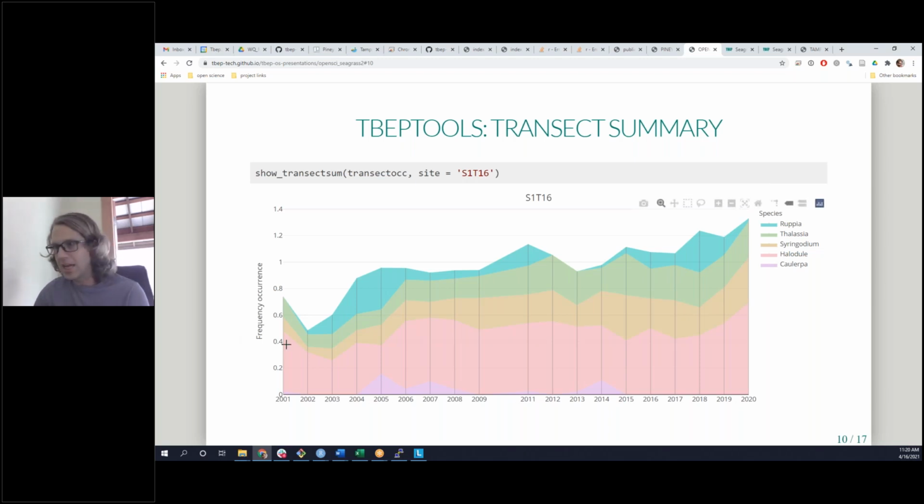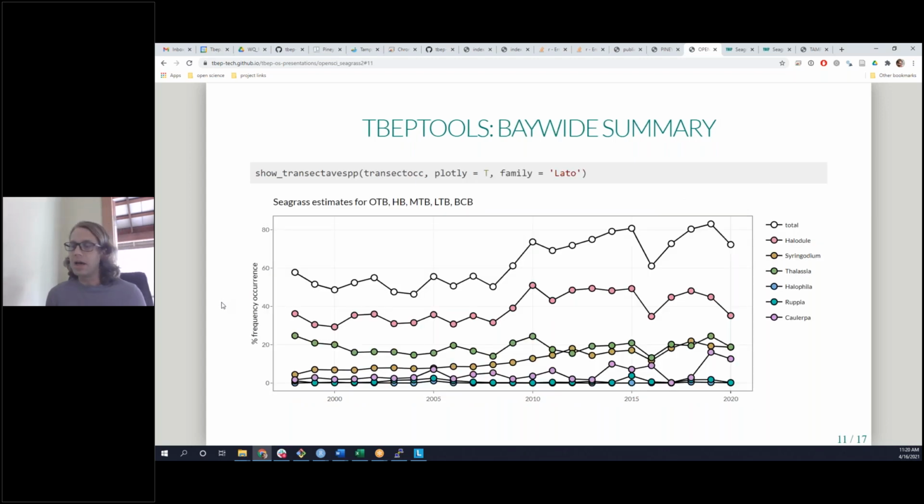So we have time on the x-axis in this case, and then we have frequency occurrence on the y-axis, so you can get a more generalized view of what has happened to the changes in species over time at this transect. So this is just an alternative way to look at the species changes over time. And so we also have functions that let you look at overall changes in frequency occurrence across the entire bay.